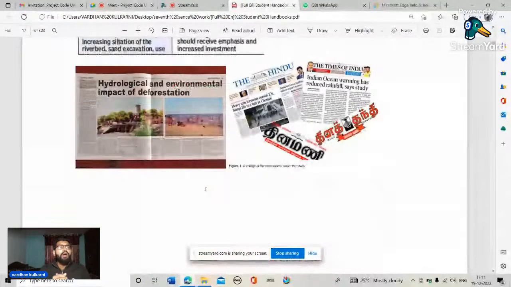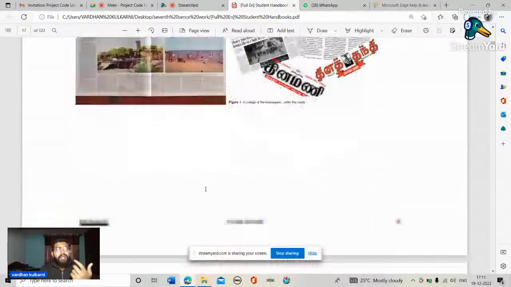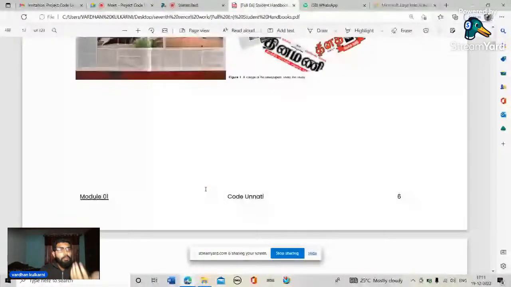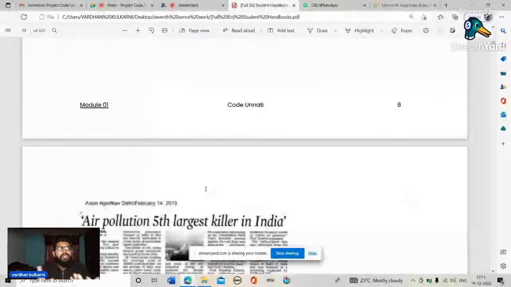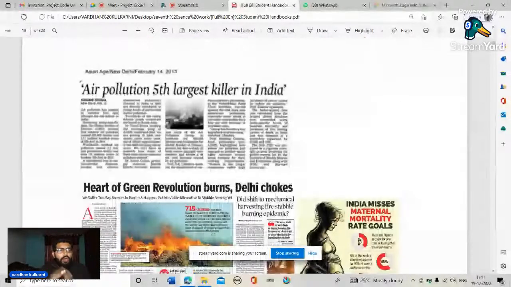Deforestation is also a man-made disaster, right? Deforestation can lead to air pollution, the fifth largest killer in India. Due to deforestation, air pollution increases, and havoc is created in society as well.